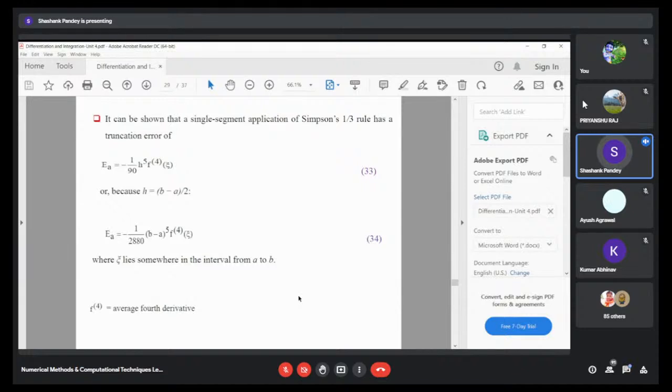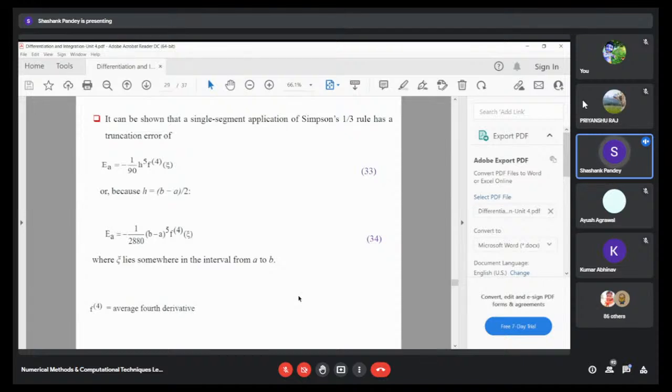In a similar way, we also have introduced one term, approximate error here, like we did in the trapezoidal rule, and we get the approximate error that is given by equation number 34. You see that f4 is nothing but the average fourth derivative.